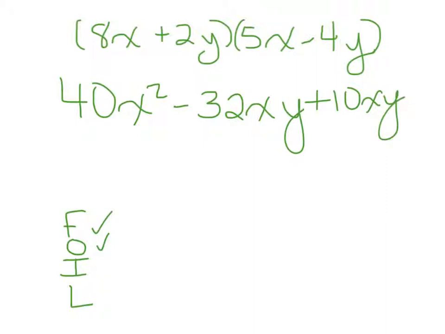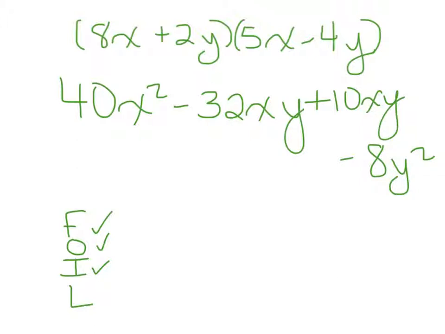Now I'm running myself out of room here, but 2y, check off the I. We're down to lasts. 2y and negative 4y multiply together to give us negative 8y squared. Okay, so if we are going to combine our like terms, and we certainly will, we are going to combine negative 32xy and positive 10xy.